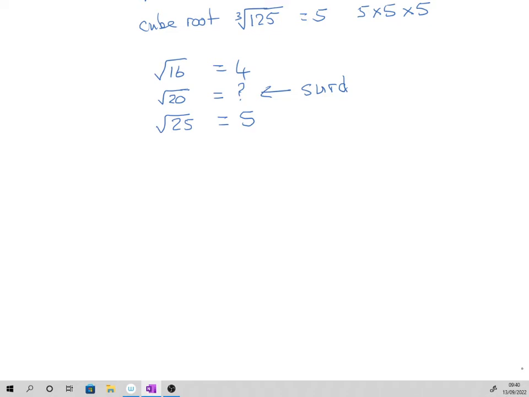And all these sorts of numbers come into rational and irrational. Now, rational numbers can always be converted to a fraction.